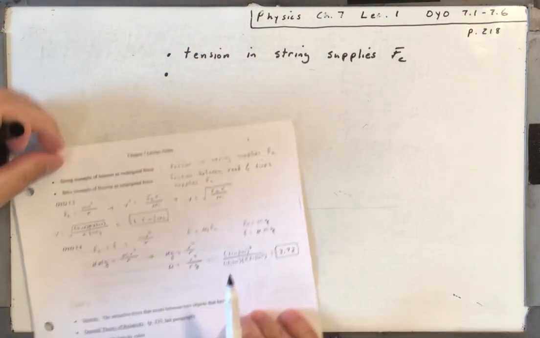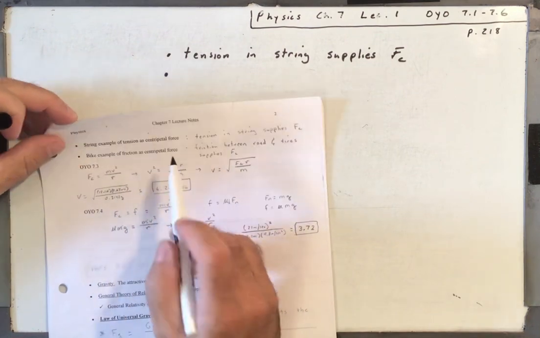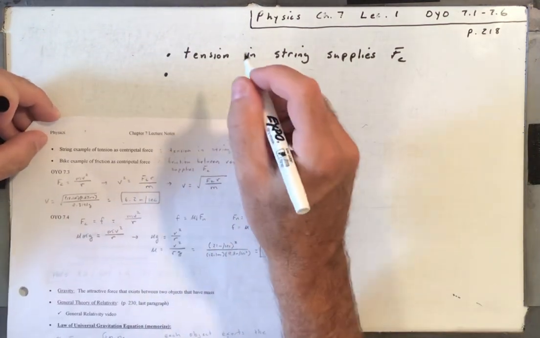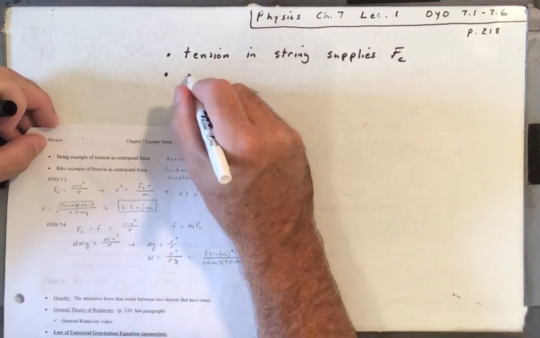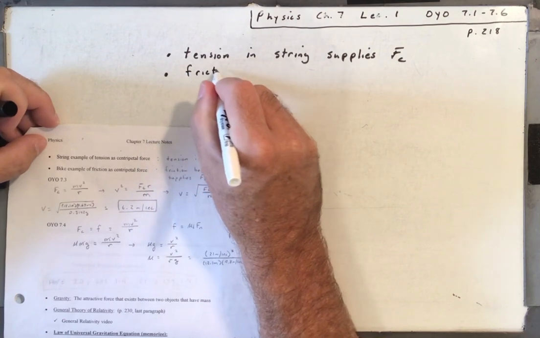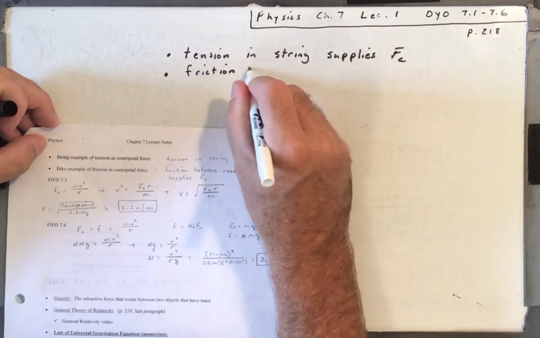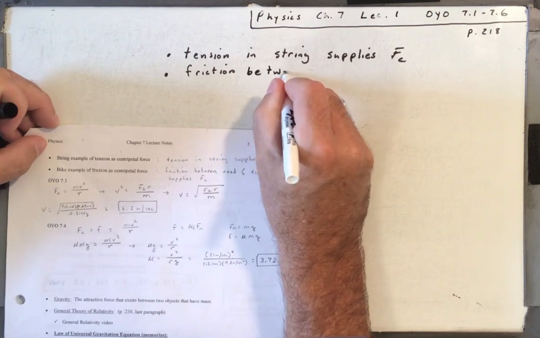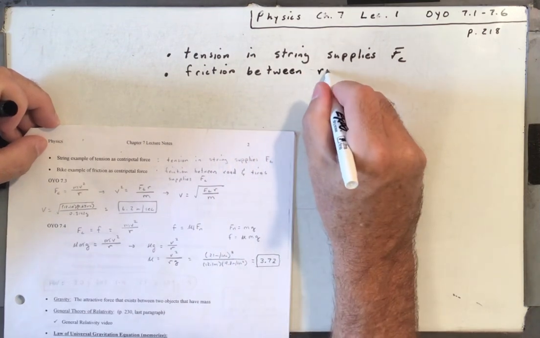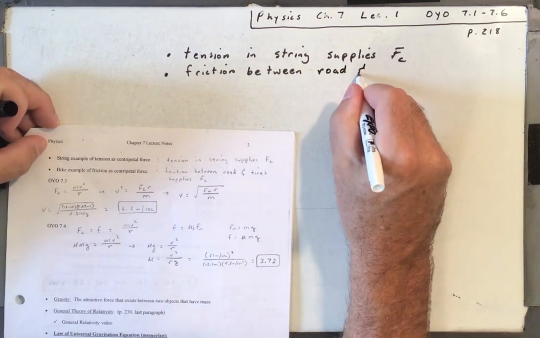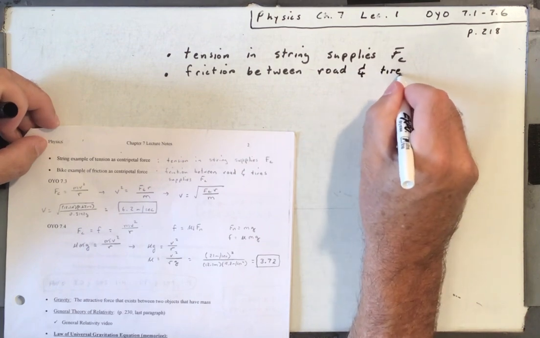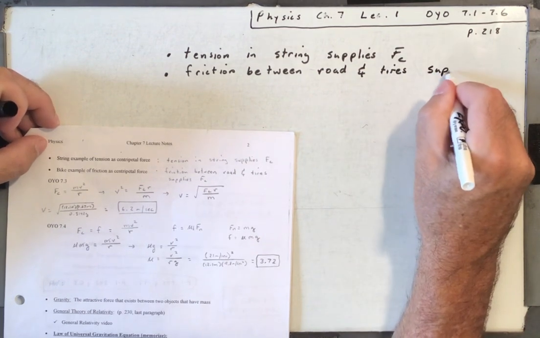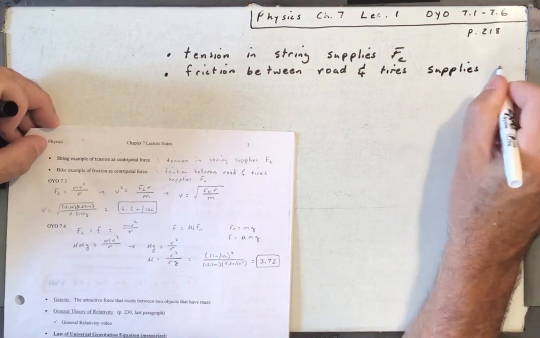So bike example of friction as centripetal force, right in this space, friction between road and tires supplies F sub c.